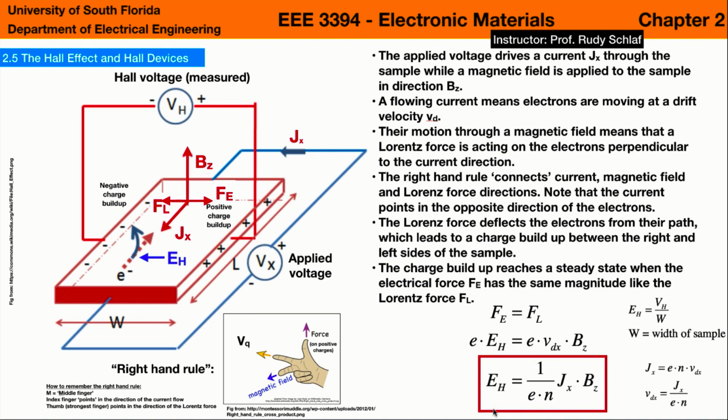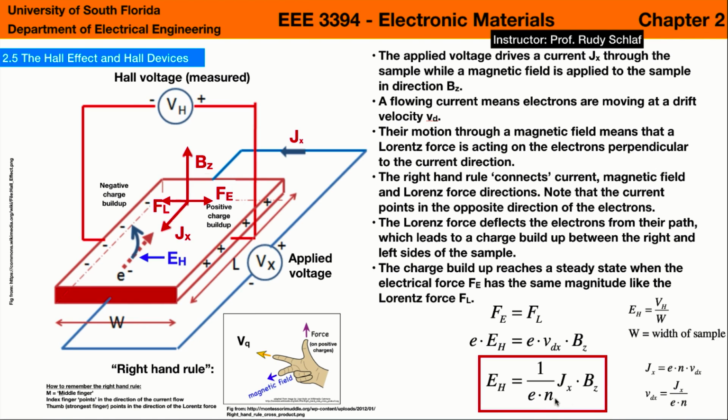There is a lot of beauty in this equation because it becomes incredibly useful. If you can measure the electrical field, which is very easy, we just measure the Hall voltage across the sample, and then the Hall voltage divided by the width of the sample gives us the Hall field.